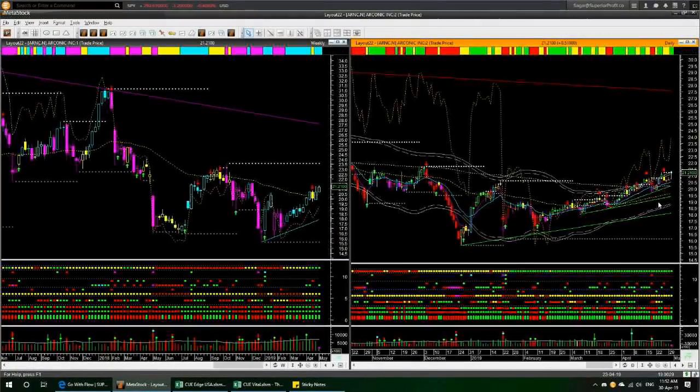Back to ARNC. ARNC is looking interesting, looking good for a long trade. It has a bullish shape candle, bullish color candle in the daily, bullish shape, bullish color in the weekly. The relative performance, this copper line is tilting up consistently. So everything is bullish. Only thing is it is at the upper boundary level.